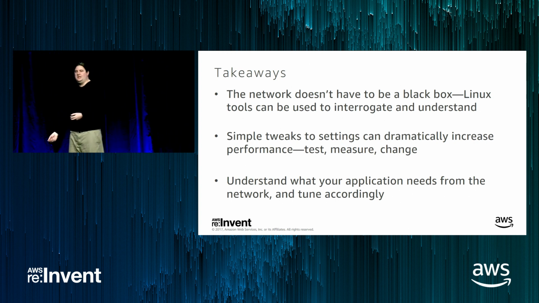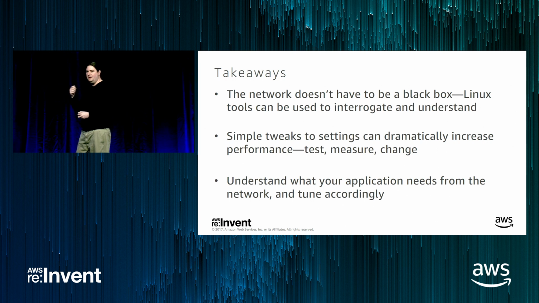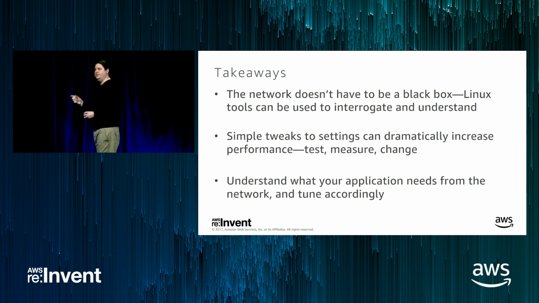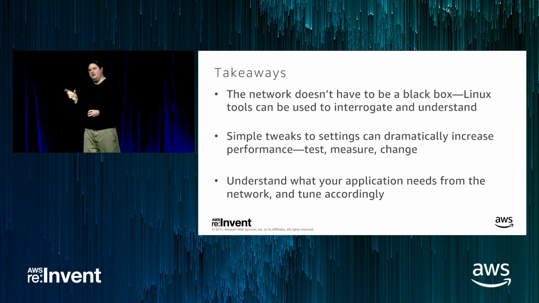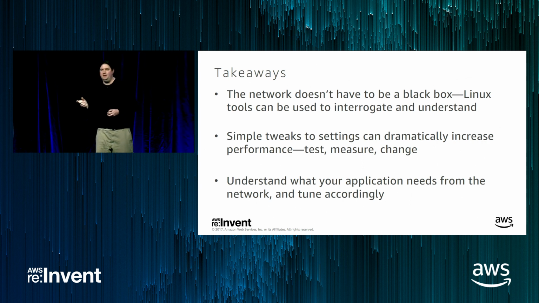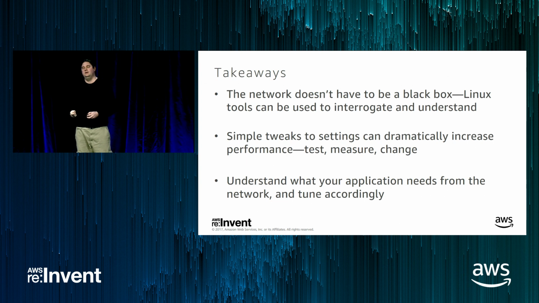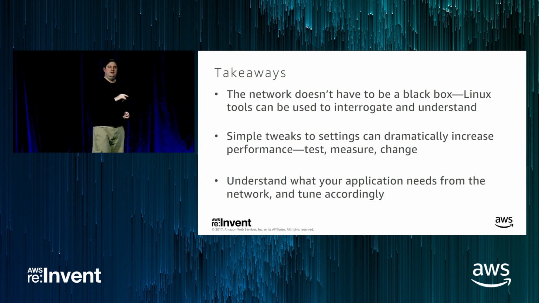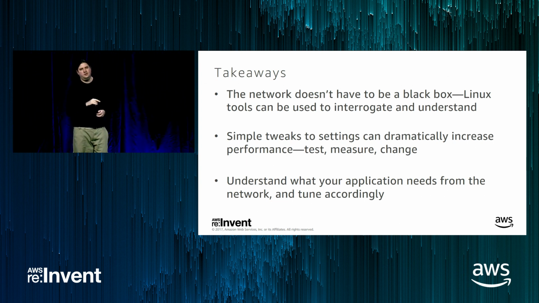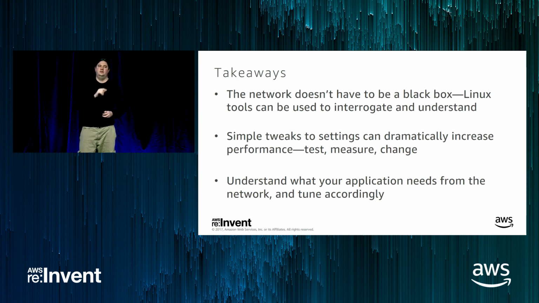Maybe it's spending most of its time reading bytes from disk and then sending them over the network. And if you're not measuring those individually, if you're measuring them together, then you might say, oh, it's a network problem, but it might not be. So make sure when you're benchmarking that, as much as you can, you isolate the networking effects to make sure that you can effectively triangulate where these problems are.